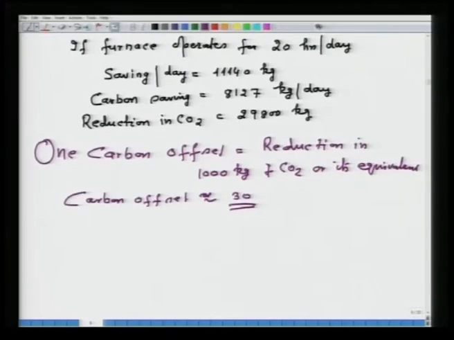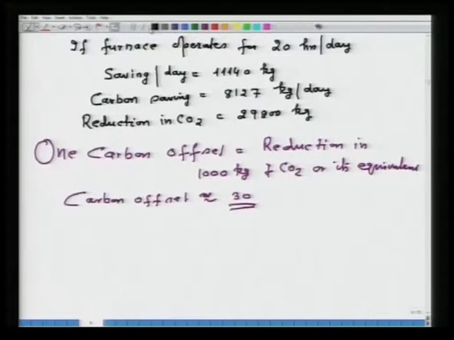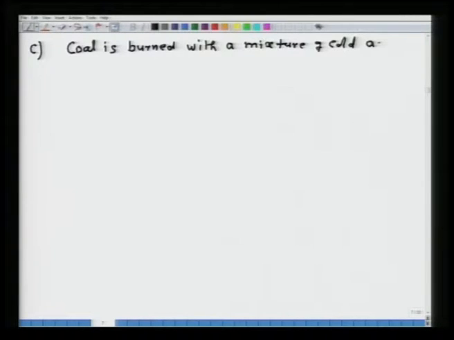Now, as a further step, this is one way of reduction of the fuel. Now, suppose you do not have a heat exchanger, part C, there is no heat exchanger now, coal is burned with a mixture of cold air, which is at 25 degrees Celsius, and oxygen.